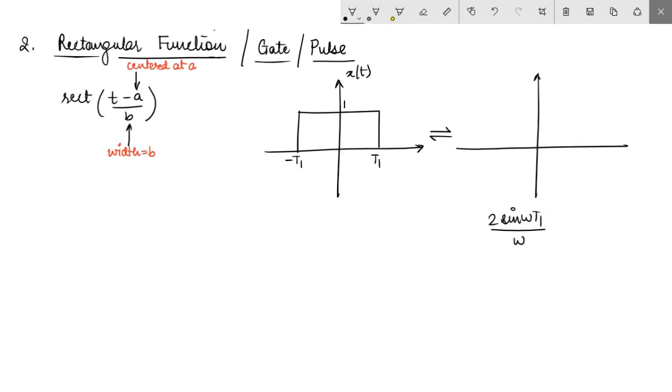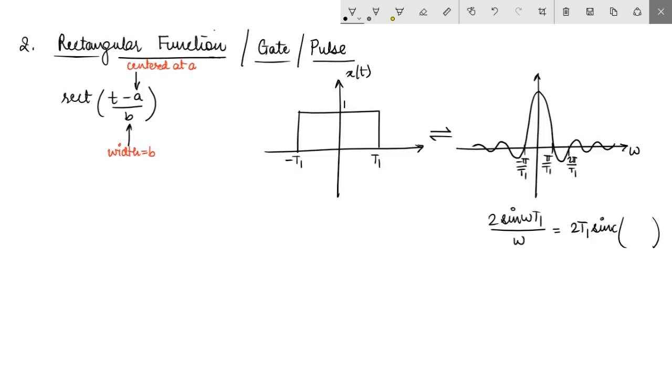In terms of a Sinc function, I can define this. How to write it in terms of a Sinc function? So I know that its value at omega equal to 0 is 2t1, and it crosses the horizontal axis at every pi upon t1, 2 pi by t1, and so on, multiples of pi by t1.